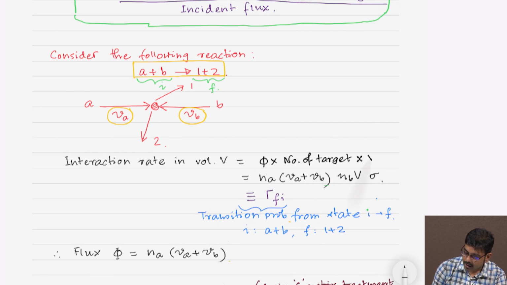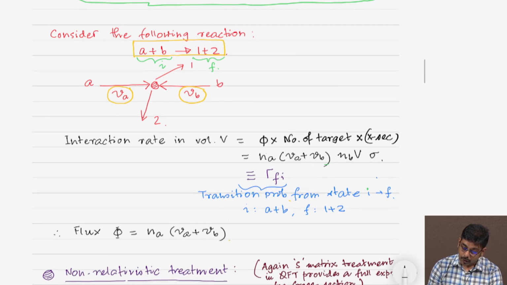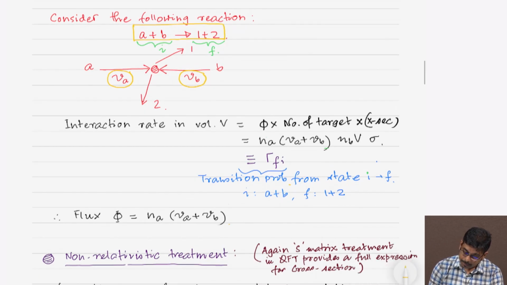This is something that we have learned so far. So, what is the flux? Flux is Na times (Va plus Vb). The number of target particles is Nb times V, and the cross section is sigma.